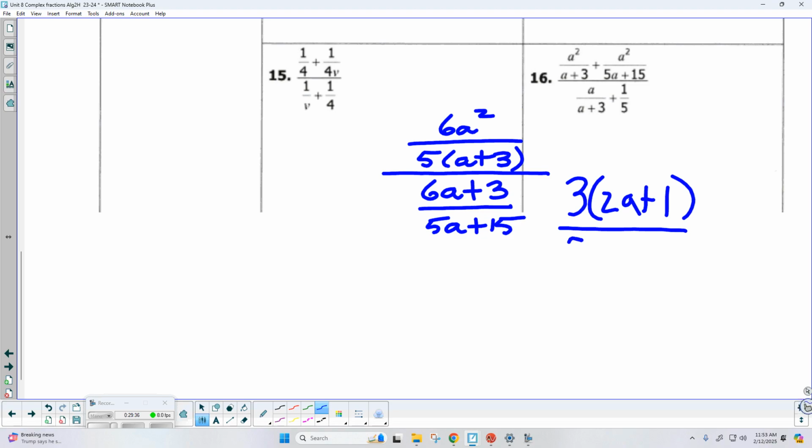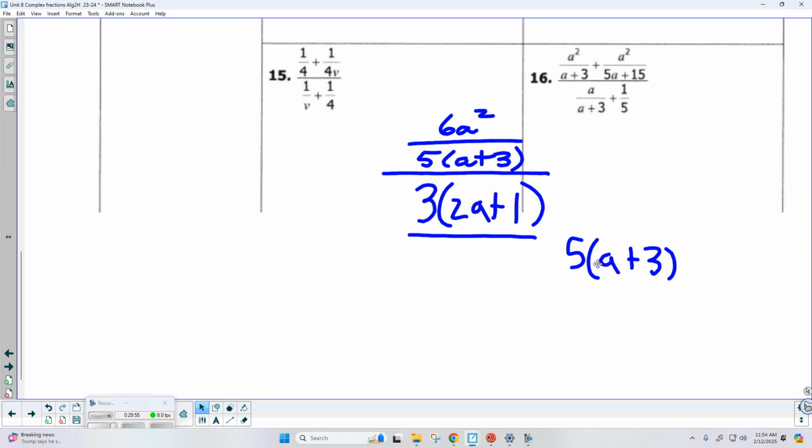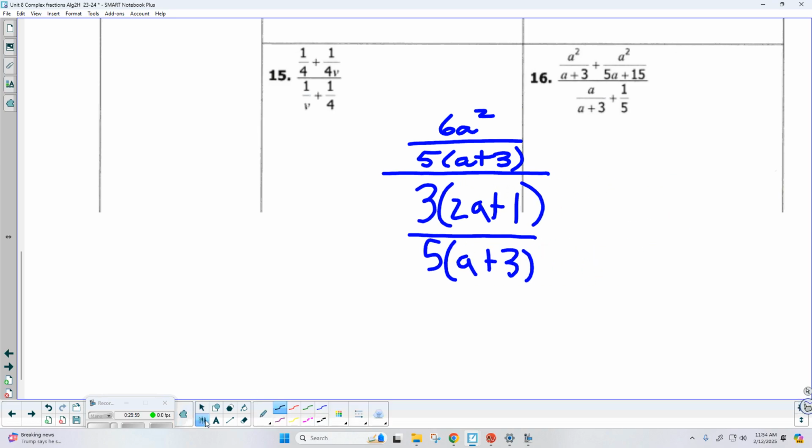Which is 5, and the 3 would be left. There we go. So can you replace that? We're going to go ahead and replace these because we factored them.